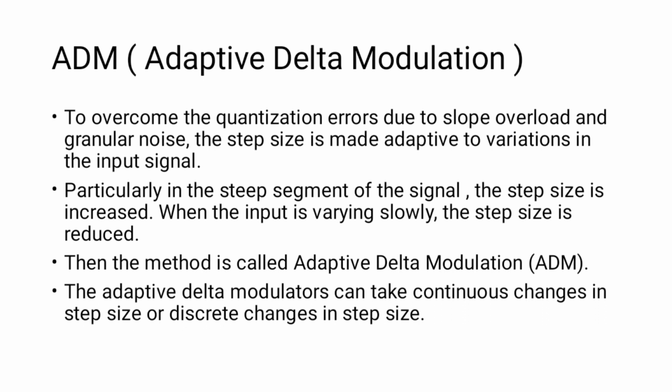So the drawbacks we faced in delta modulation are quantization error, slope overload and granular noise. What will happen here is the step size is made adaptive to variations in the input signal. If the step size is increased, automatically your high logic will be updated, and if the step size is reduced gradually, your 0 will be added.